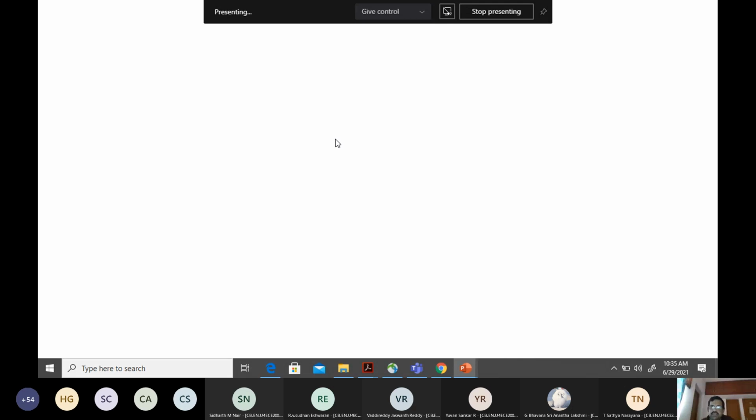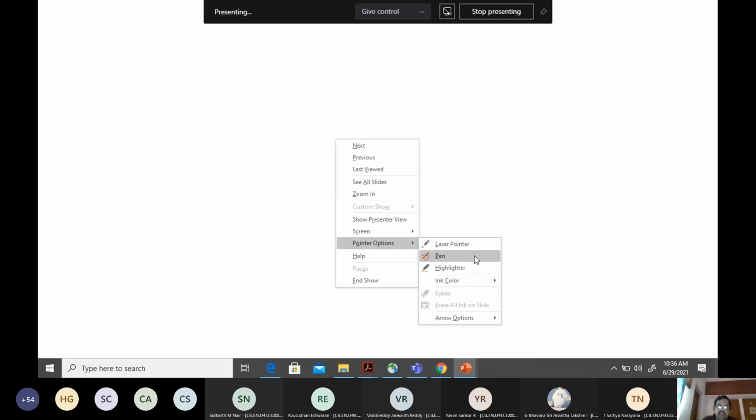Let me redraw that. So I have a circuit like this. And say this is my diode that is connected in forward bias.